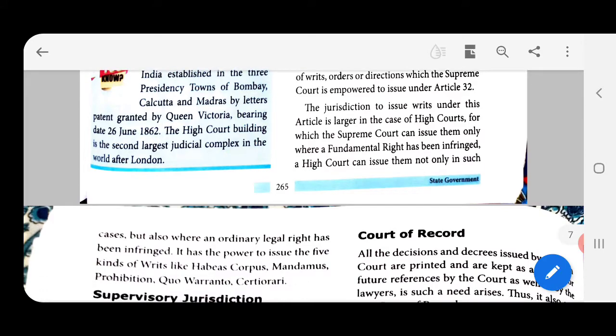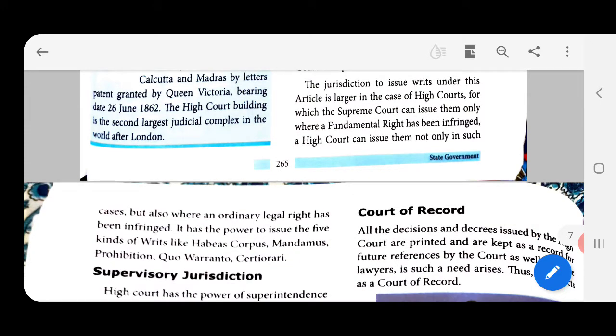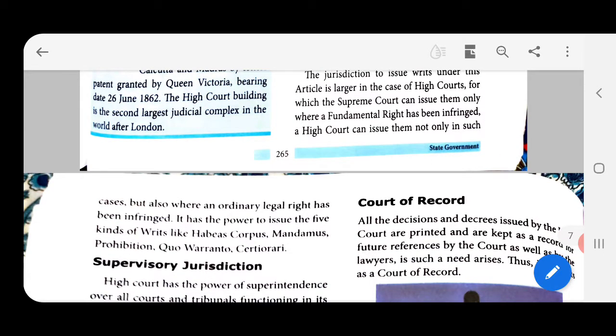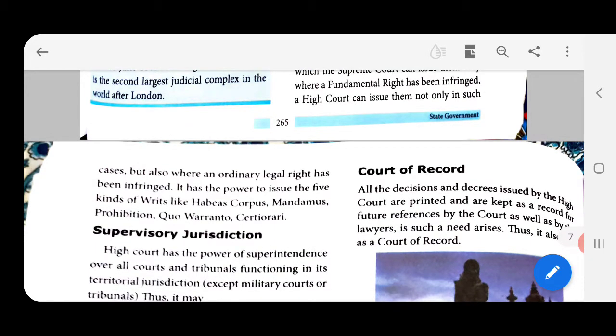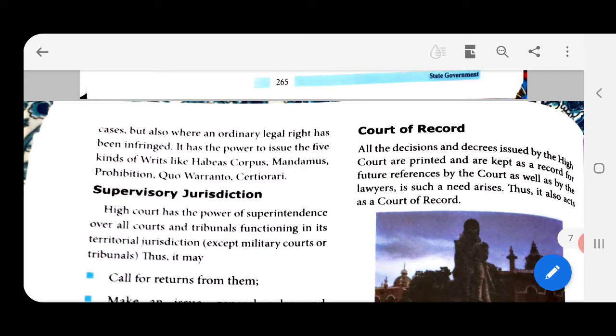The jurisdiction to issue writs under this article is larger in the case of high courts, for the Supreme Court can issue them only where a fundamental right has been infringed. Infringed means a small change or a small deviation. A high court can issue them not only in such cases but also where an ordinary legal right has been infringed.